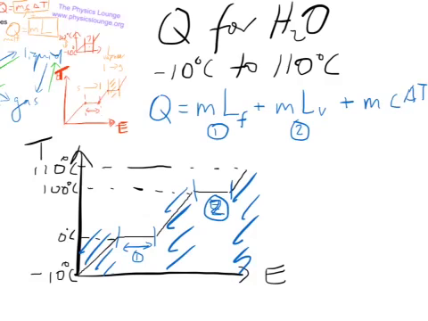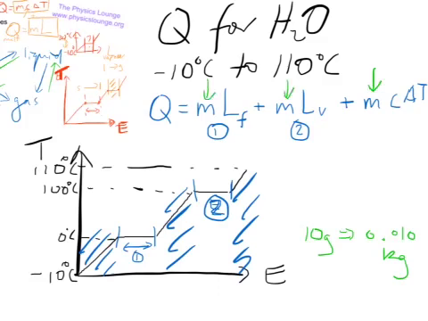But if we had, say, 10 grams of water that starts out as ice, goes to water and then goes to gas, water vapor, that mass would be 0.010 kilograms, and that's what we would put in here, here, and here.